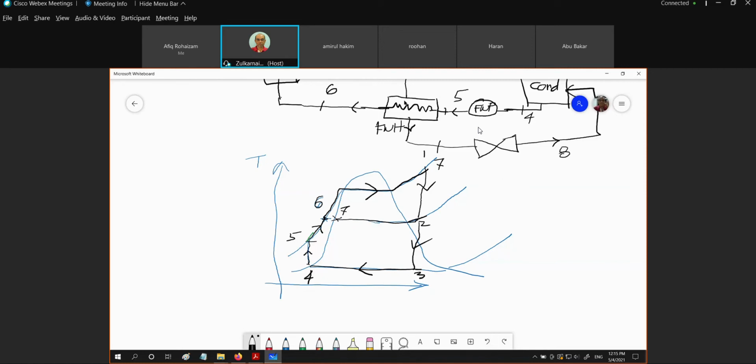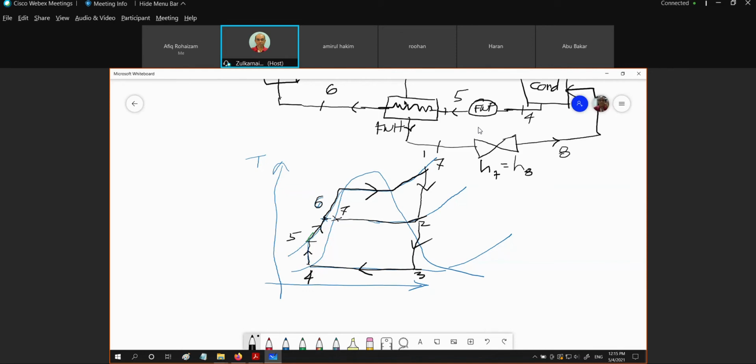Sorry guys, this is H7 is equal to H8. Assuming that it is a throttling process, this is a highly irreversible expansion process, and we don't know what is actually the path taken by this process from 7 to 8. We don't know what is actually happening. But for sure, the enthalpy is the same.